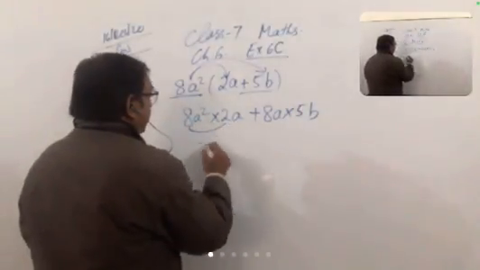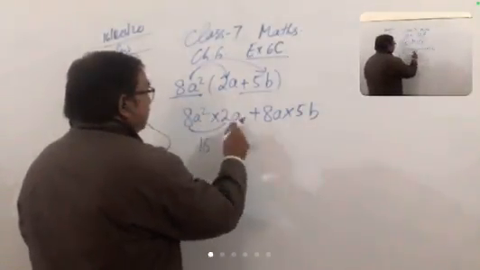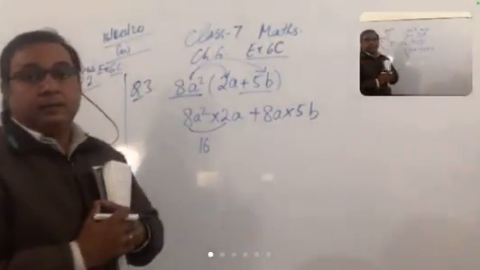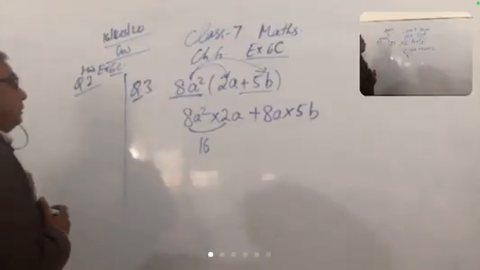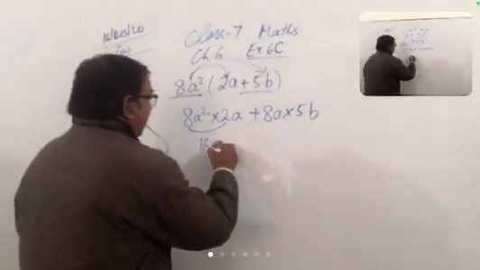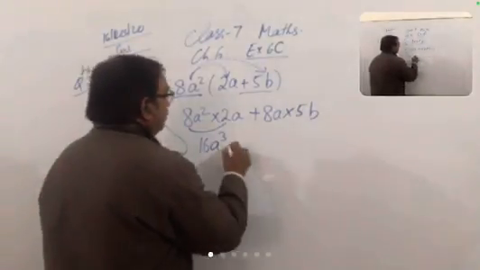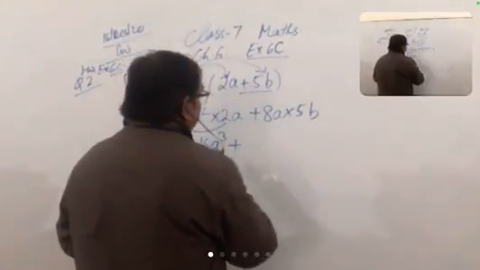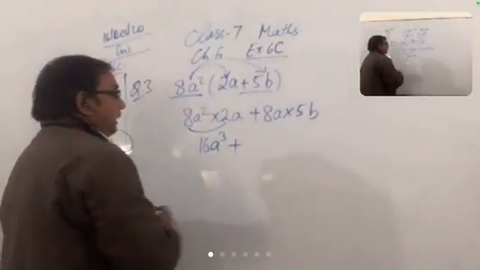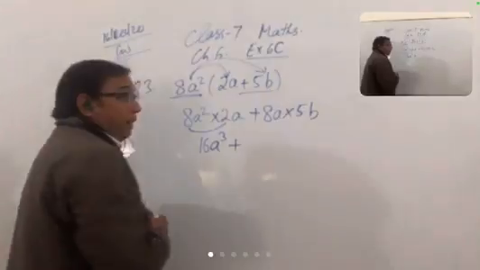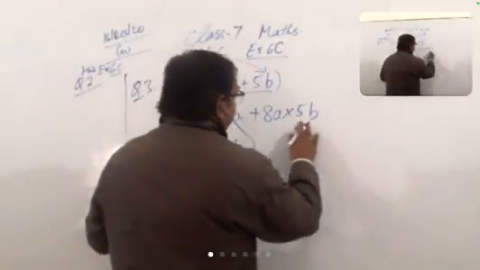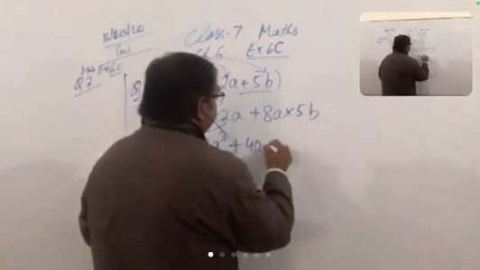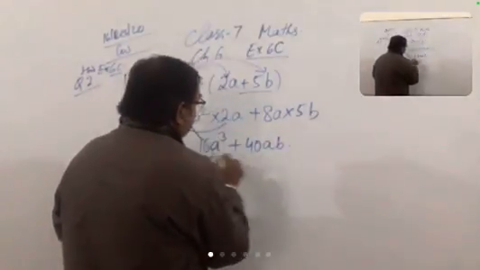Now 8 times 2 is 16, and a square multiplied by a. Anyone please tell? A cube, power 3. A power 3, very good. A cube is also right, because power 3 is called cube. Power 2 is called square. So now 8 times 5 is 40, ab. This is our answer.